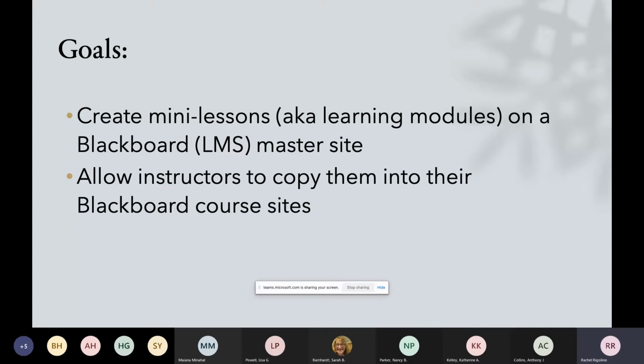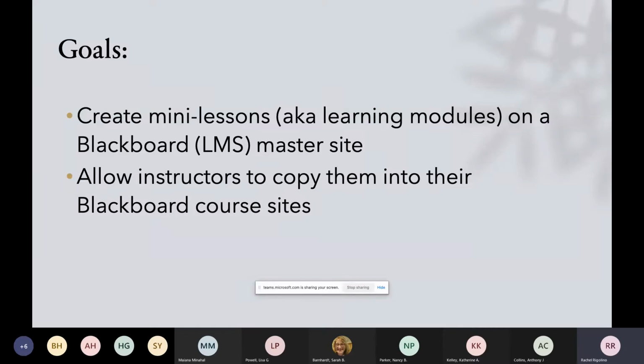But anyway, can we create some mini lessons that can then be copied across? Instructors can use this. So when they transition to completely online, they would have material available to them and they can pick and choose from what they wanted.